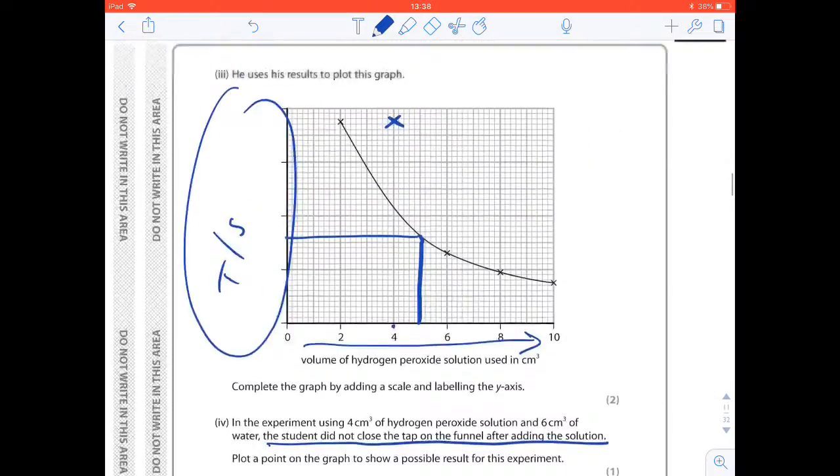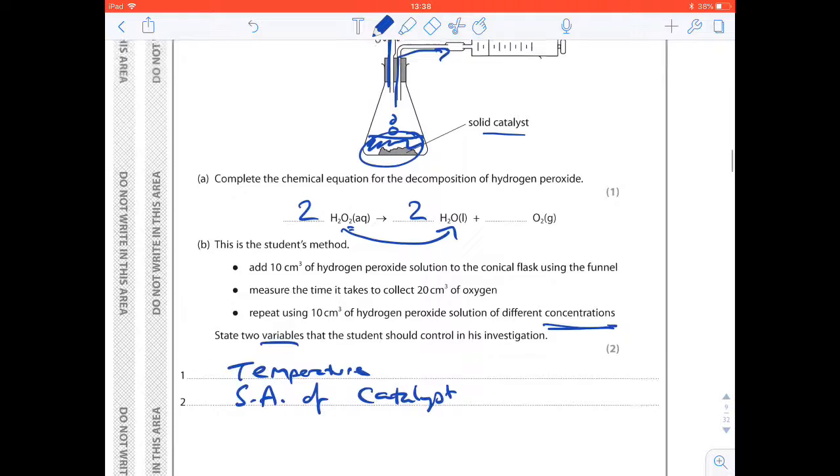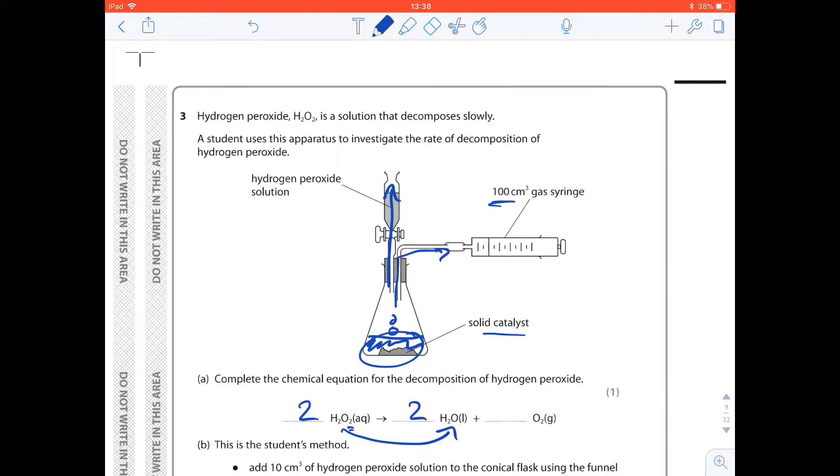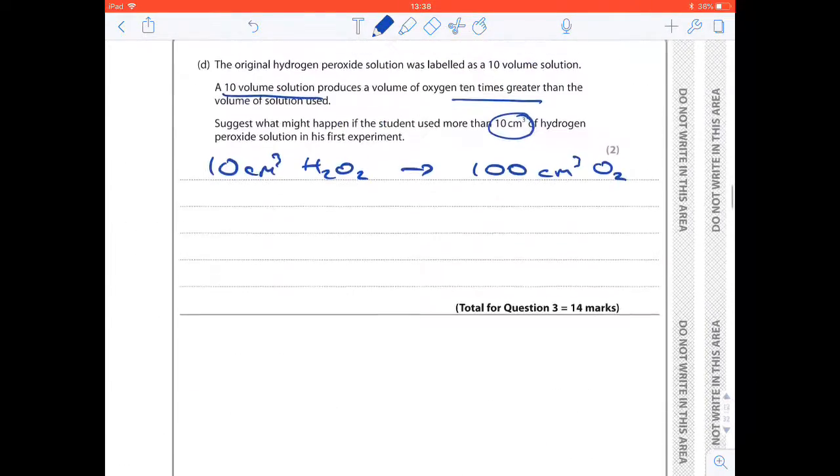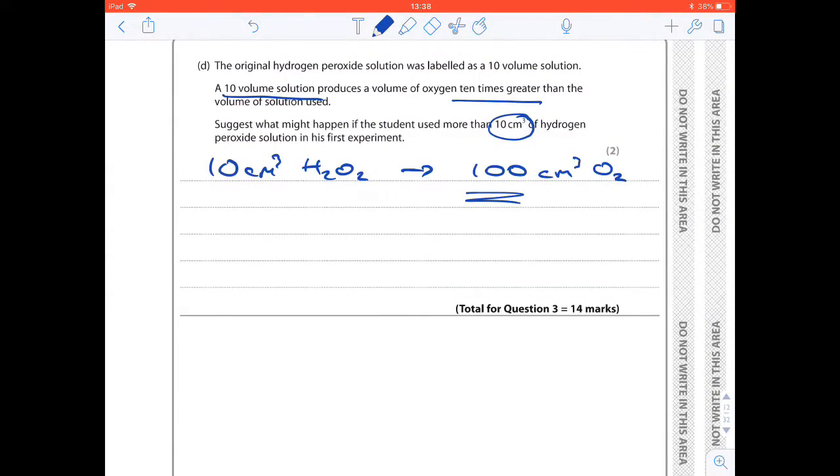But again, looking back at the diagram of the apparatus, the gas syringe you're using only has a capacity of 100 centimetres cubed. So if you try to use more than 100 centimetres cubed worth of oxygen, you're going to break the gas syringe or it's going to explode or something. So you basically just have to say that 100 centimetres cubed won't fit in the gas syringe.